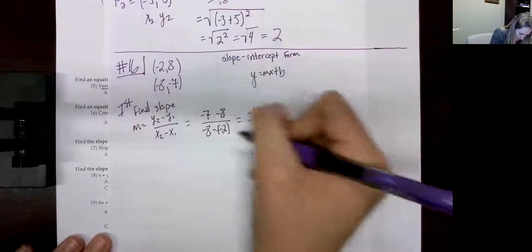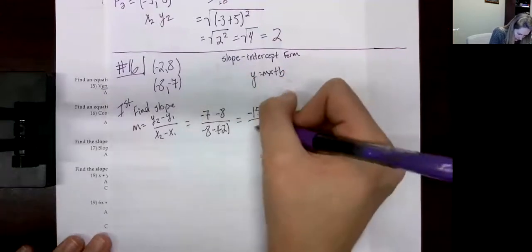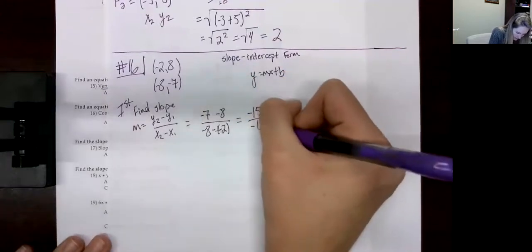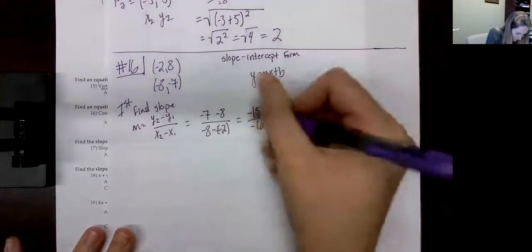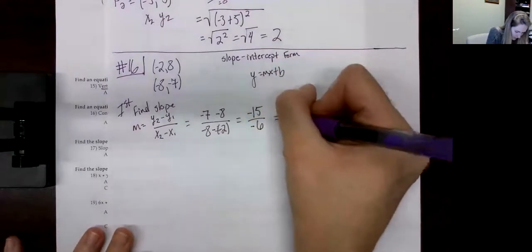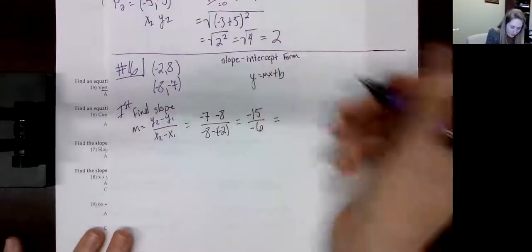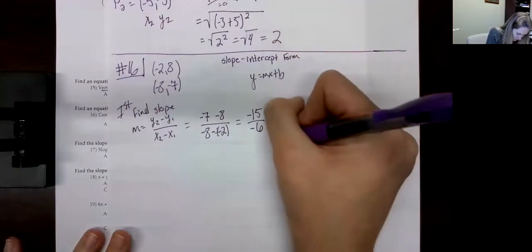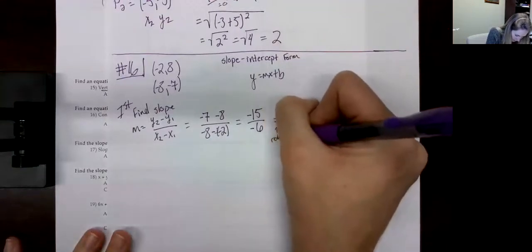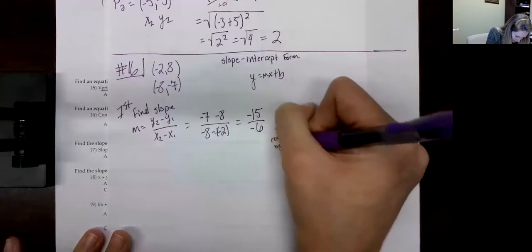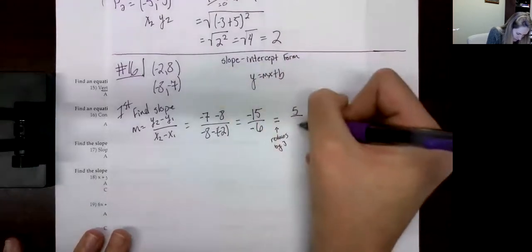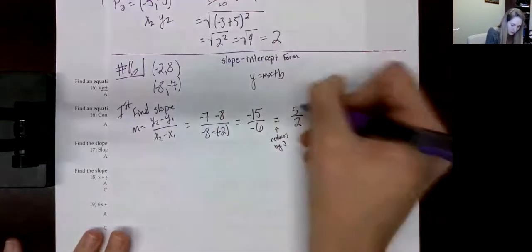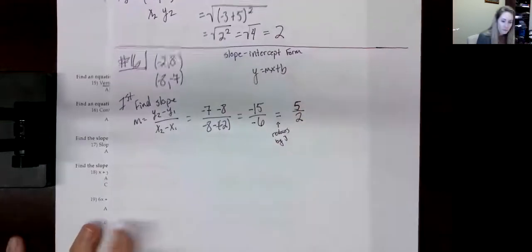That would be negative 8 plus 2, which would give us a negative 6. Negative divided by negative is positive. This also reduces by 3. Make note. Reduces by 3. So 3 goes into 15 5 times. 3 goes into 6 2 times. So our slope is positive 5 halves.